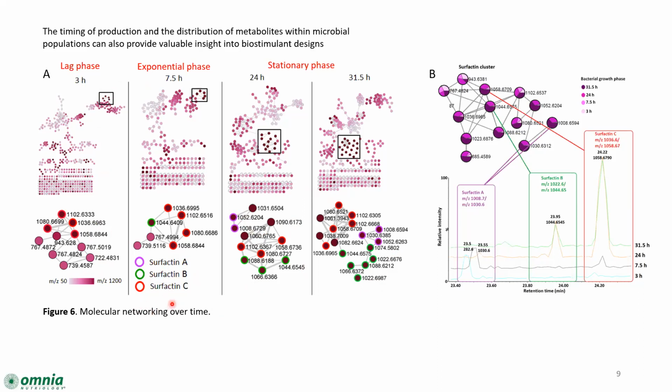And interestingly, surfactin C, which is shown here in red, was present at all growth phases. Furthermore, we also performed the feature quantification using feature-based molecular networking, and this is shown over here in figure 6b. And we're able to see from this that this surfactin was mostly abundant at the late growth stages, which is the stationary phase here.